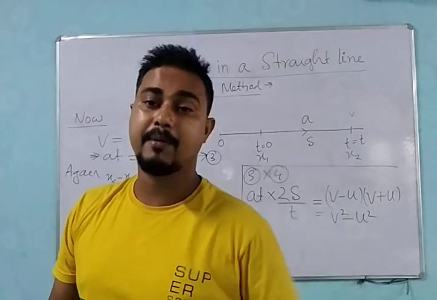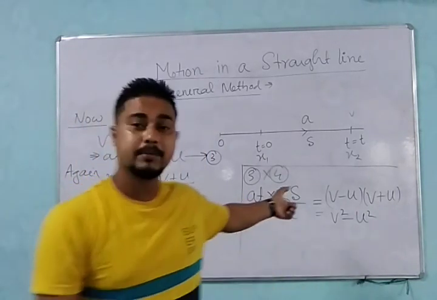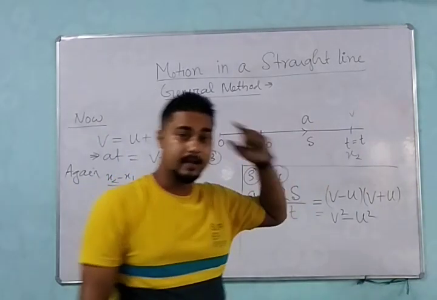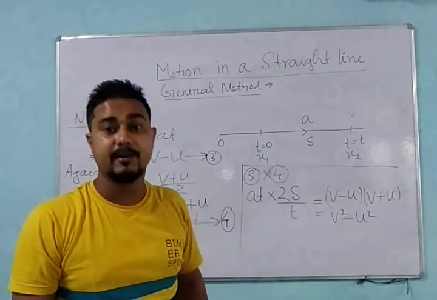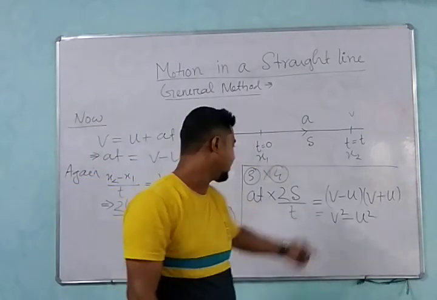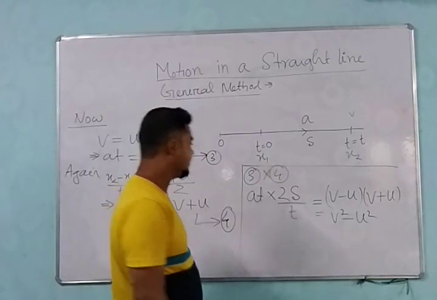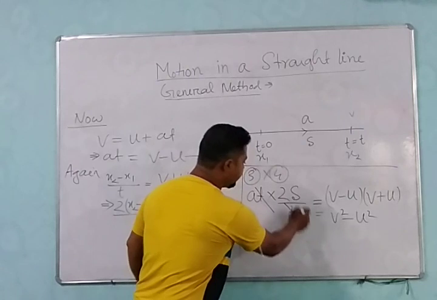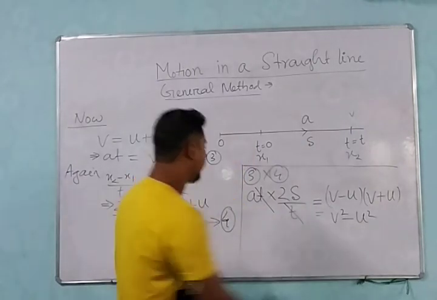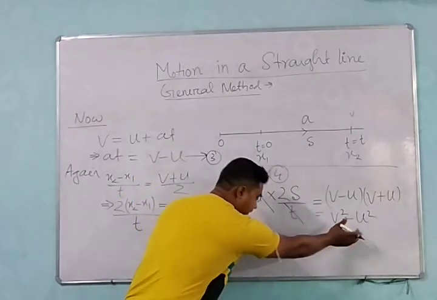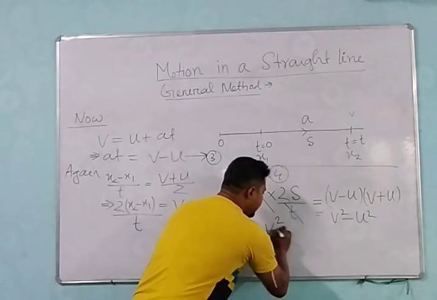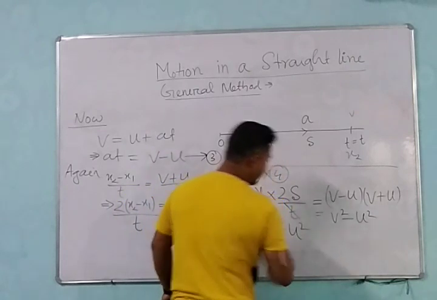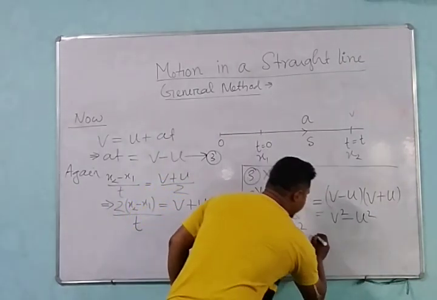Okay, so let us try to simplify this. So we can write v square minus u square.